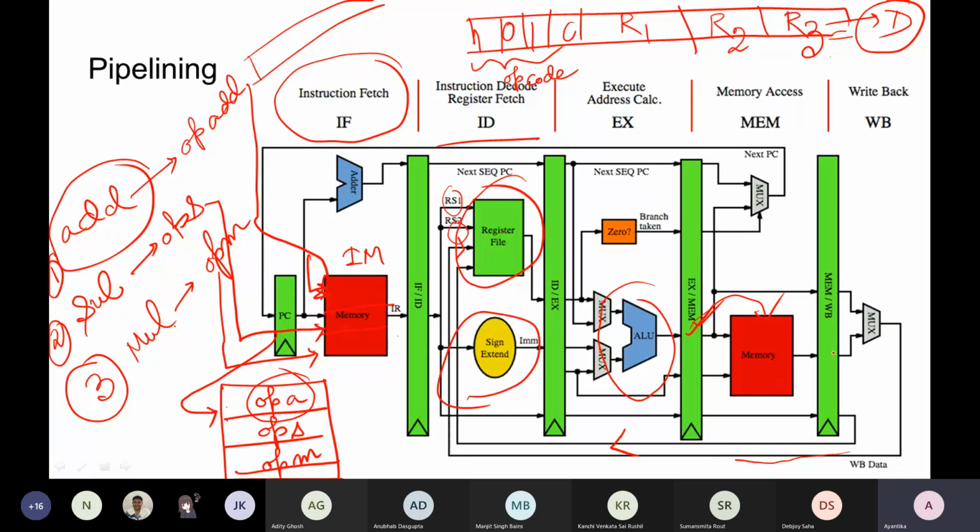If not, the value will be passed to the next stage. And then this is called write back. This is writing back this value. You can see here, this value is going back to the register file.